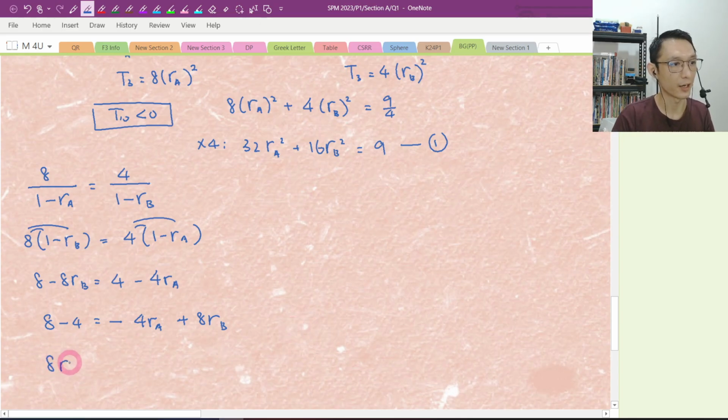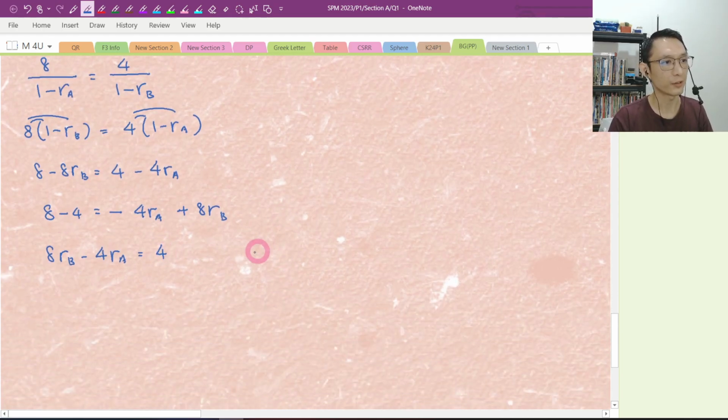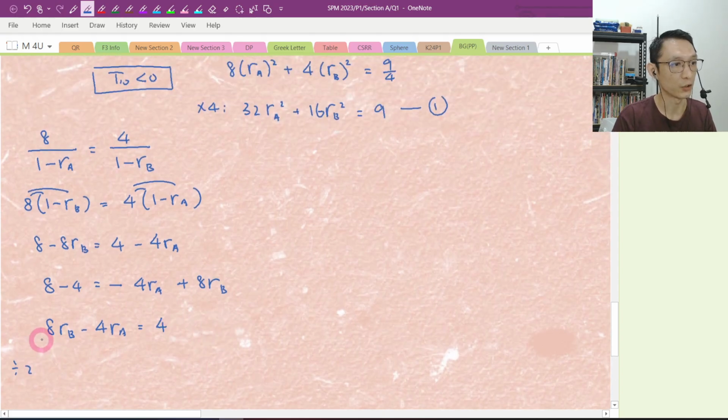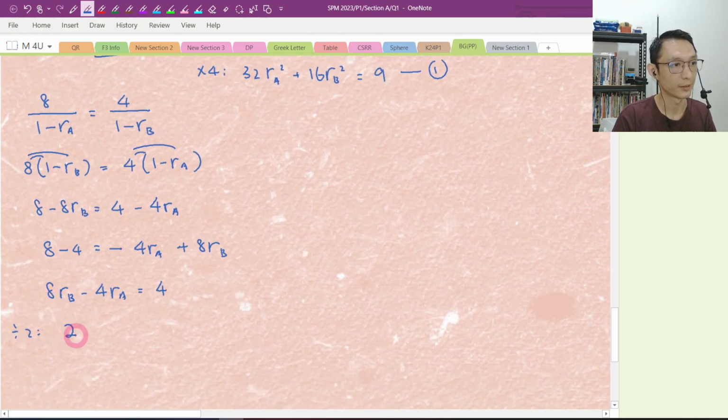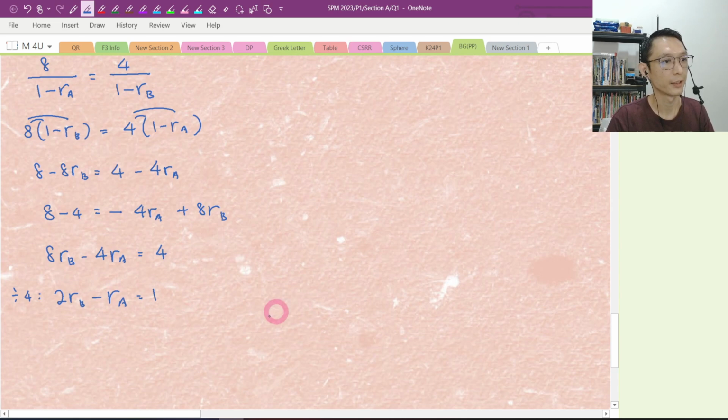So 8RB minus 4RA is equal to 4. I'm going to reduce it, dividing the whole equation by 4 to make the numbers smaller.